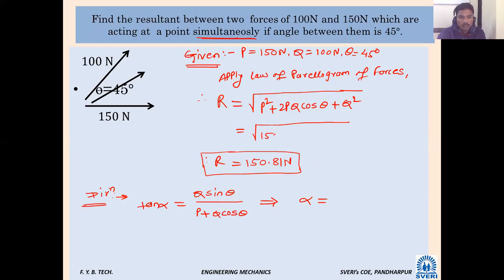Here nobody is telling values. So 94.55, sir. Okay. 150 plus 100 into cos 45. Alpha is 94.55, or 4.55?